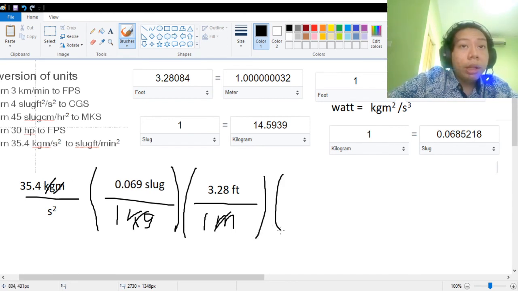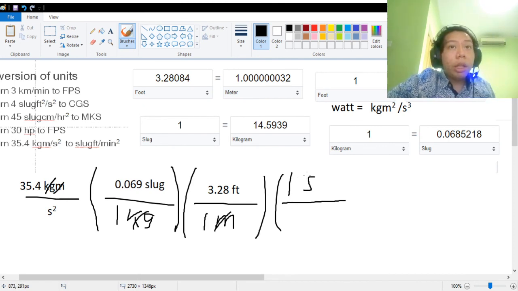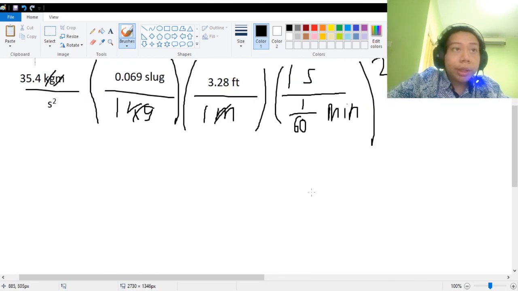Then we need to convert second squared to minute squared. So in order to cancel this, we need 1 second on top of the fraction. This is second. And 1 second to minute is 1 per 60 minutes, and it is squared.